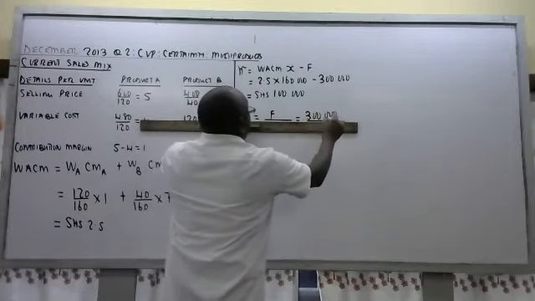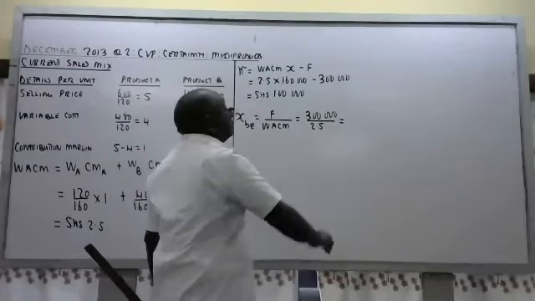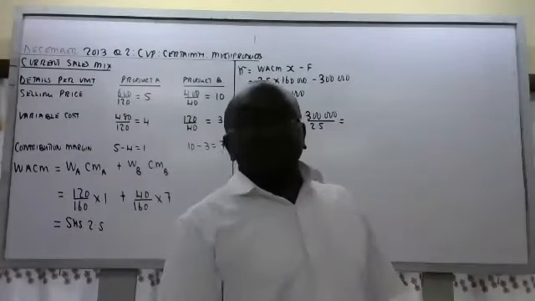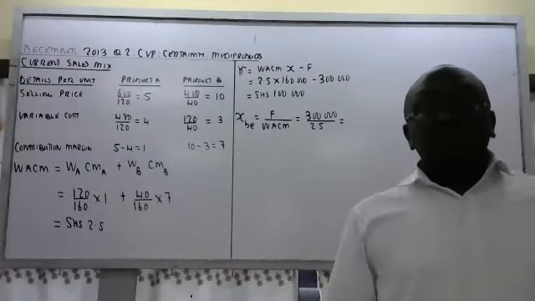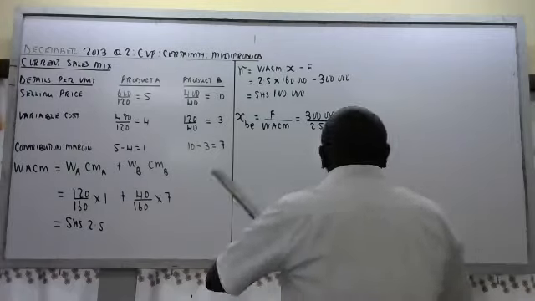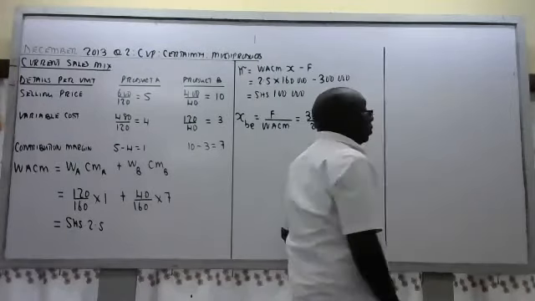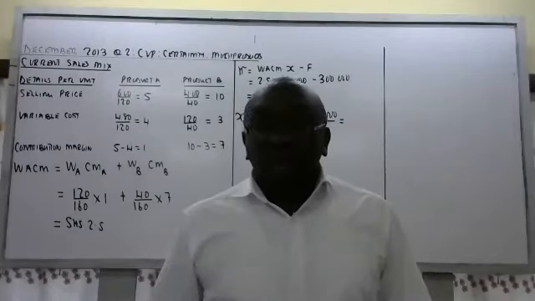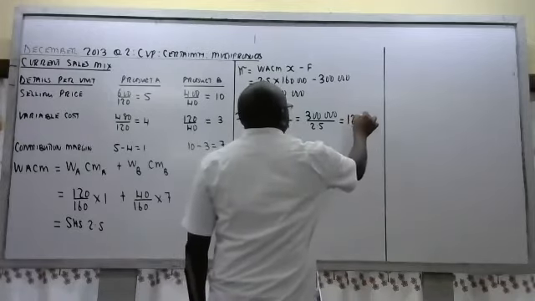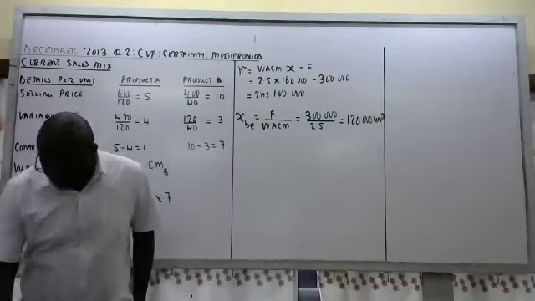You divide by 2.5. June, it's 120,000 units.